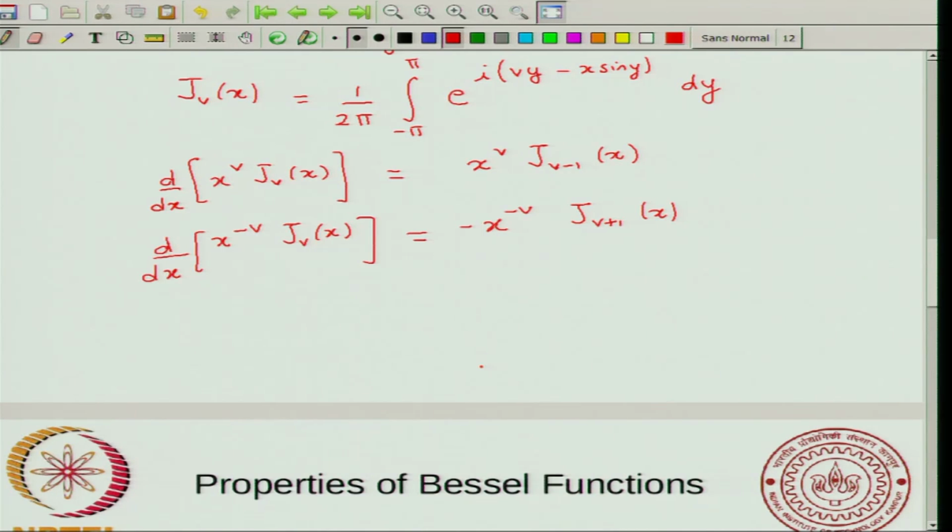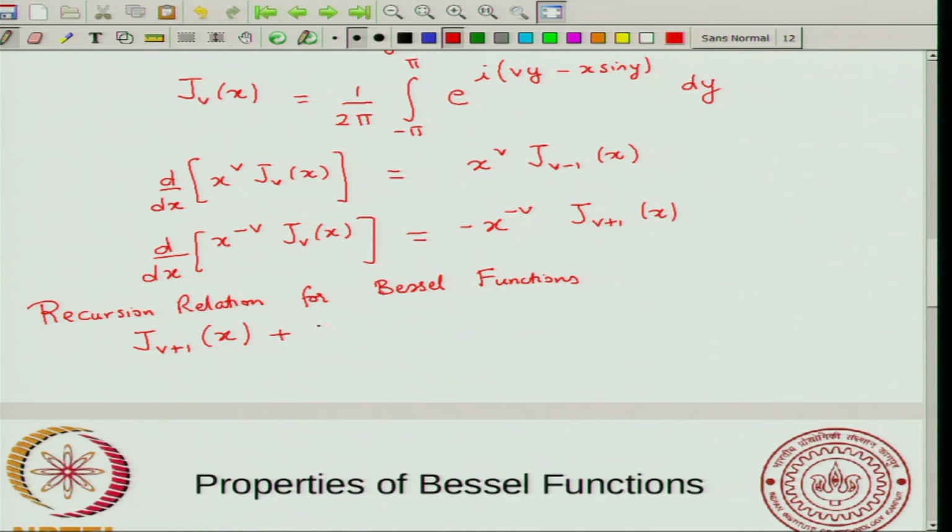Using these two, you can derive a recursion relation for Bessel functions, okay. And I will just write the recursion relations, and again I do not expect you to remember these, but these are useful things for you to know. So you can write two recursion relations.